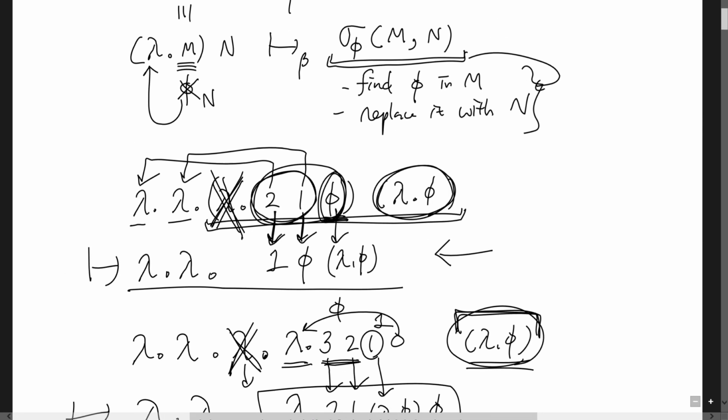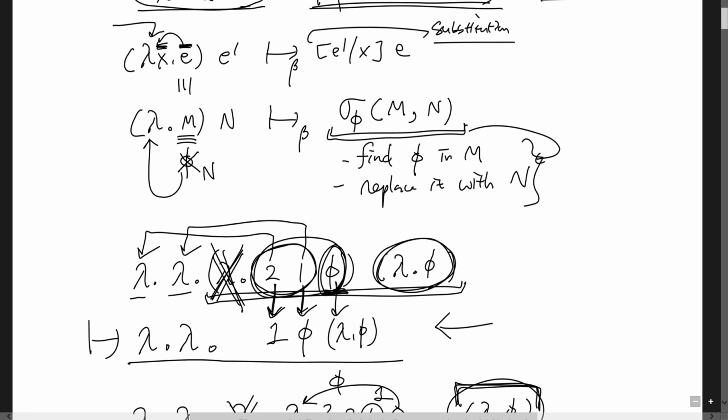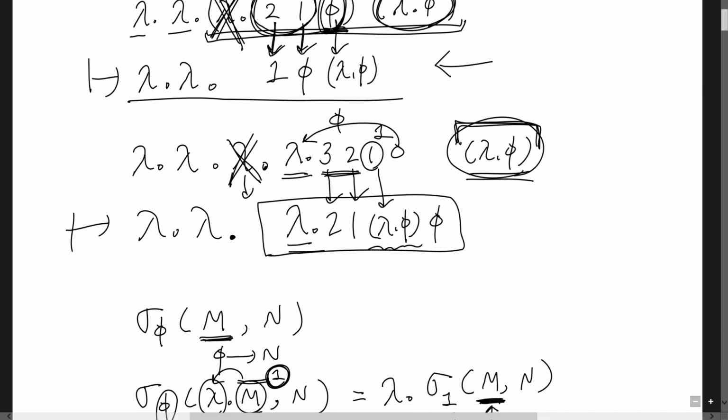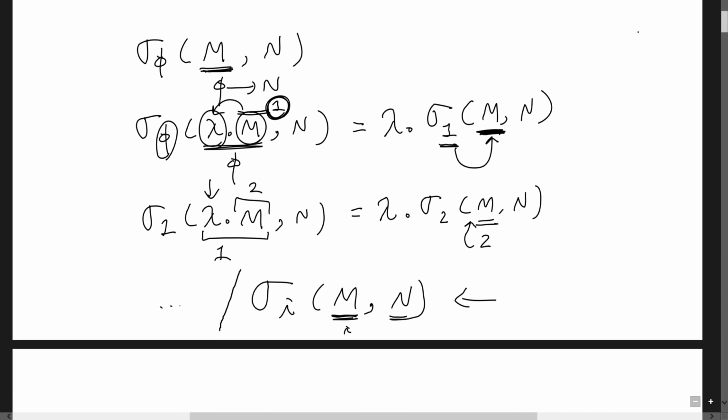So we started with the goal of defining this function sigma 0 m n, but we ended up with this generalized form where you try to find index I in expression m and replace it with this argument n.